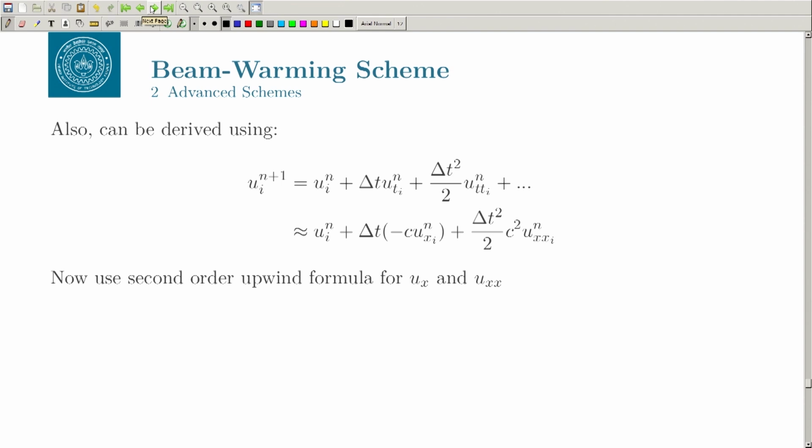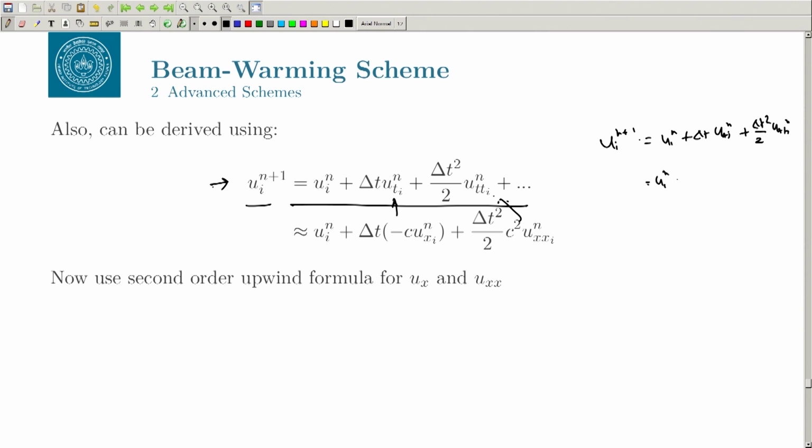One way to derive it is basically take your time derivative equation and replace all your time derivatives with your spatial derivatives, and then collect these terms. So, this is u_i^(n+1) is equal to u_i^n plus delta t u_t at i n plus delta t square by 2 u_tt at i n.